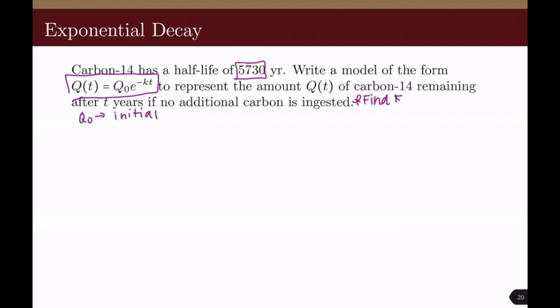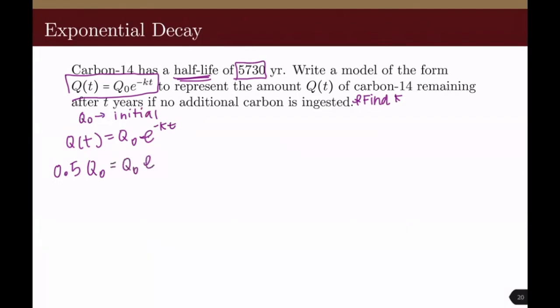So let's think about it. We have Q of t is equal to Q naught e to the negative kt. We also know that this is a half-life formula. Half-life means half, 0.5 of my original substance will be left over.